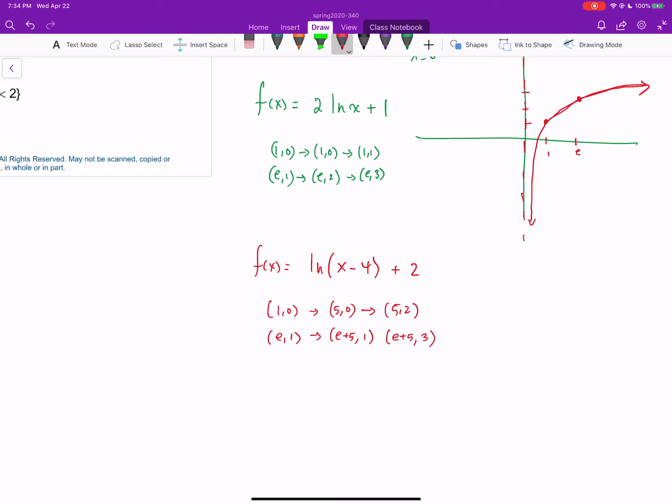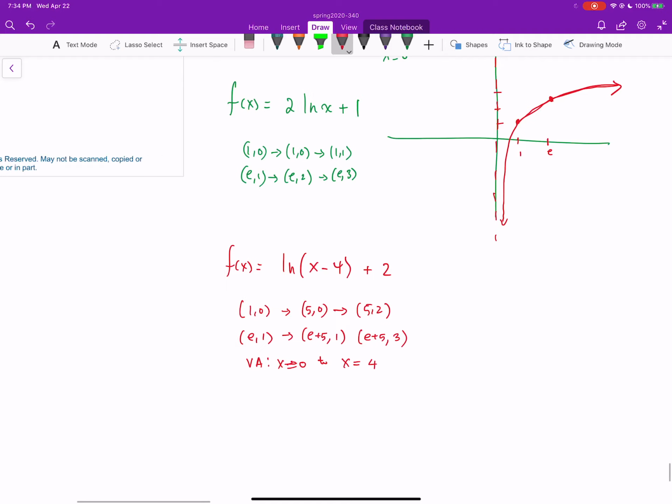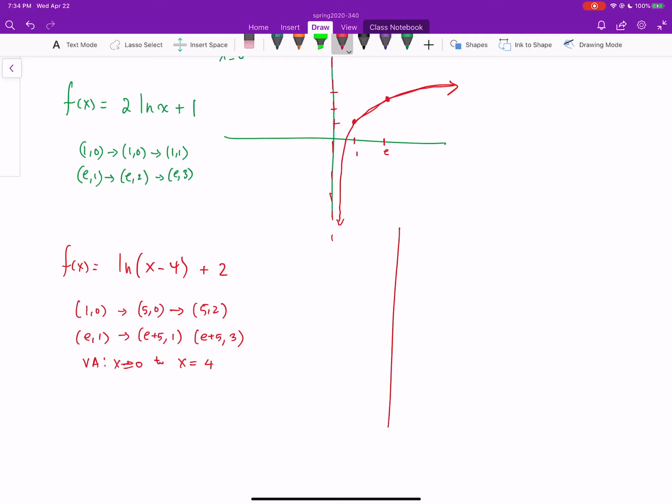And also, what's going to happen to the vertical asymptote? That's going to change from x equal to 0 to x is equal to 4. So when I sketch that graph, I've got a vertical asymptote at 4. I've got 5, 2.